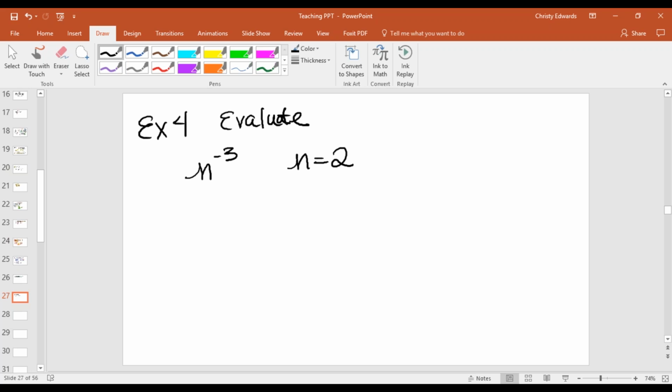Evaluate. Okay, anytime it says evaluate, you know you're going to be able to get to a number answer. And here's what I want you to think: just get that number where it has a positive exponent and all the way multiply it out.